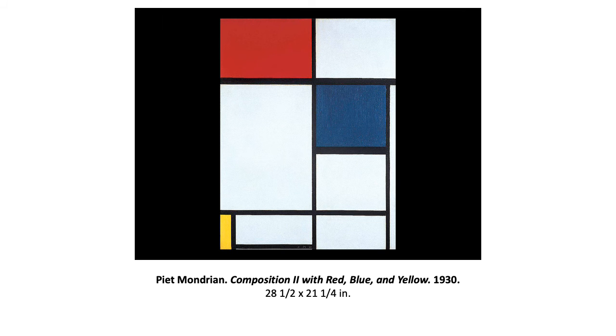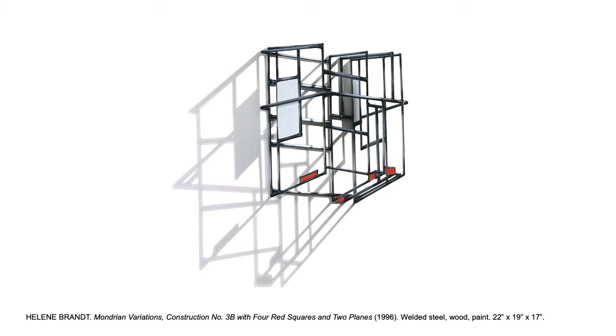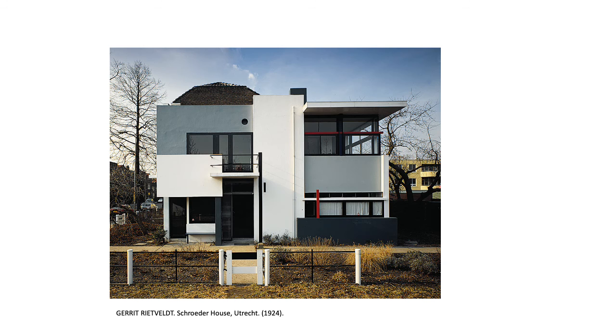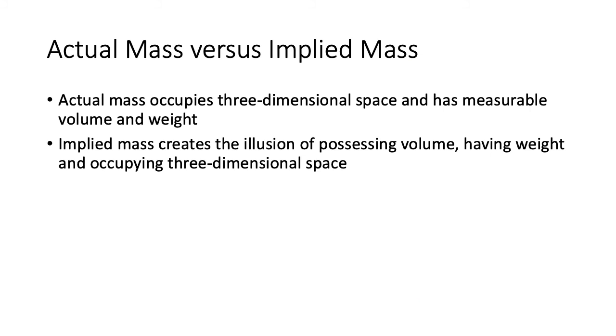So here's a painting, and then this artist made a sculpture based off the painting, and then this whole house was actually done, and the painting was based off of this. And this is also the house we saw in the drawing for the aerial of blueprints. Actual mass actually weighs something.